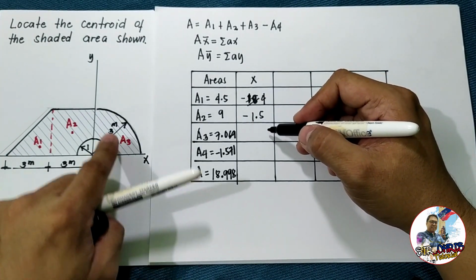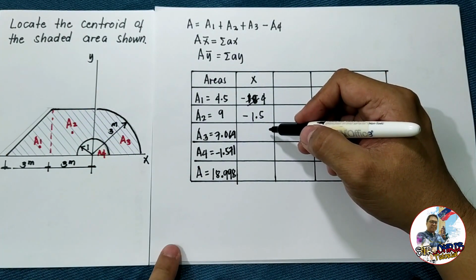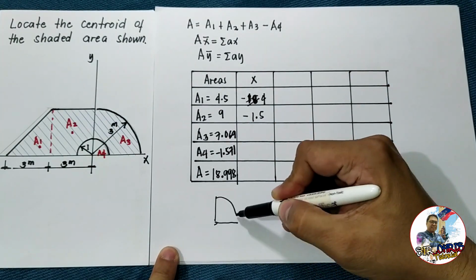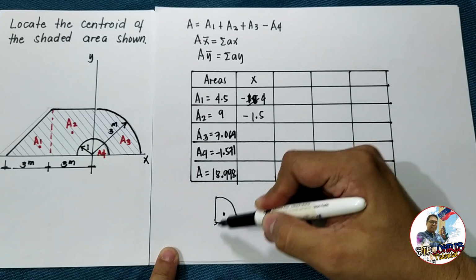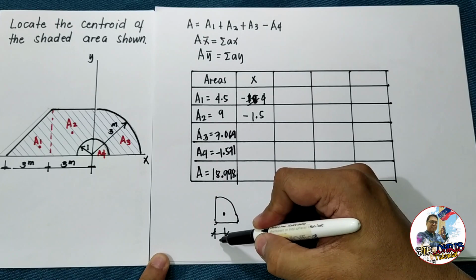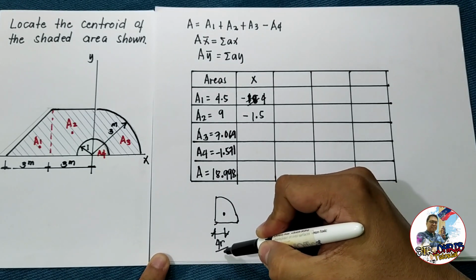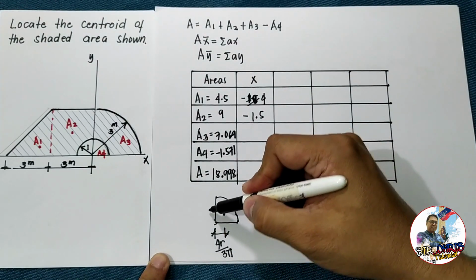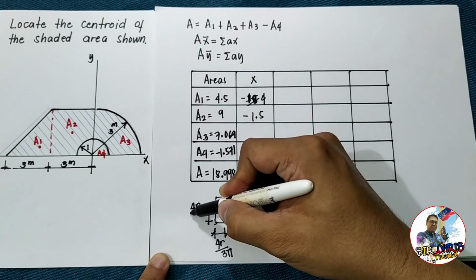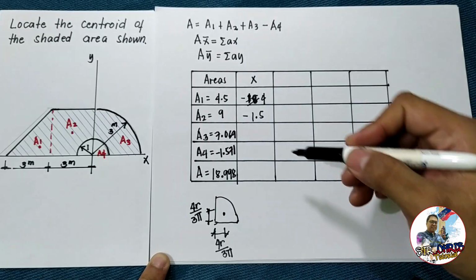Next, we have the centroid of this quarter circle. If this is the centroid, this distance of the centroid is 4r over 3 pi. And this distance here is also equal to 4r over 3 pi.